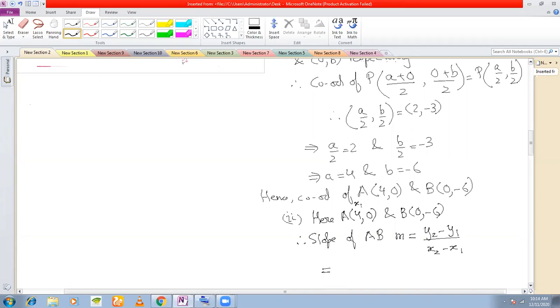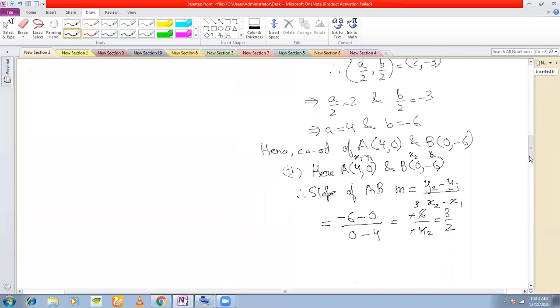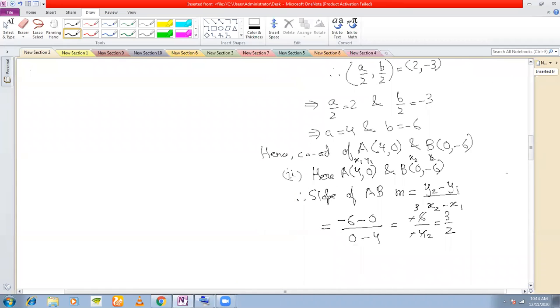So we take this as x1, this as y1, this as x2, this as y2. (y2 minus y1) by (x2 minus x1), which is, now if you cancel, 3 by 2. This is the slope of the line AB. That answers the second part of the question.